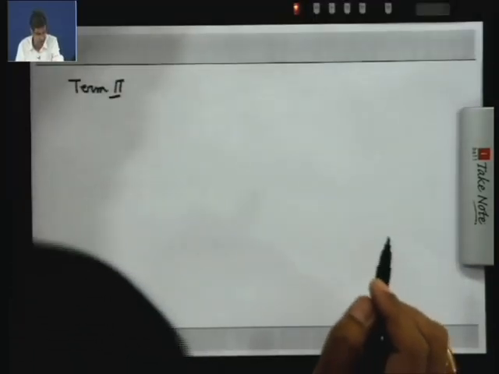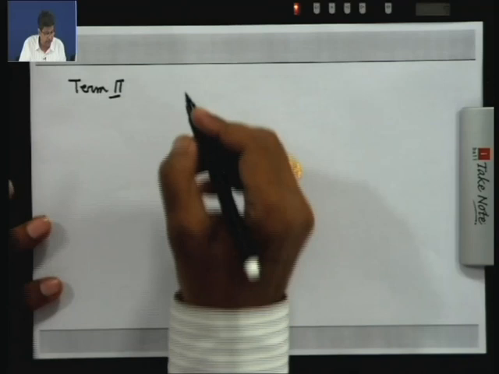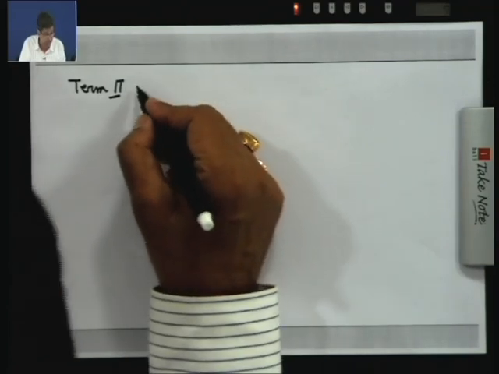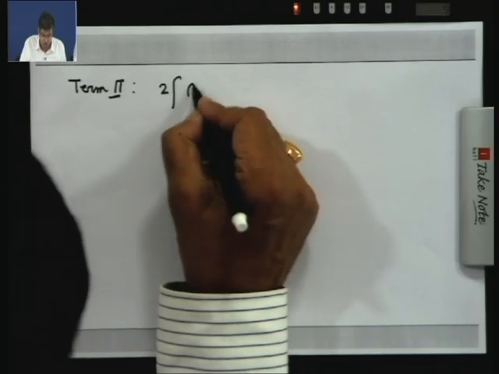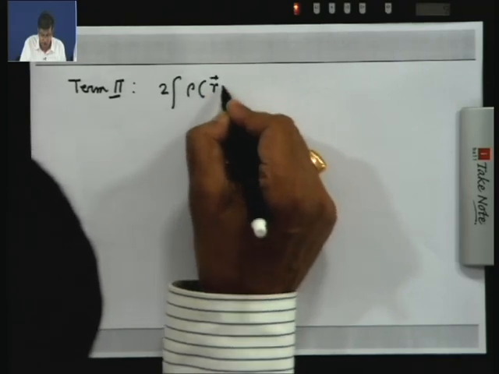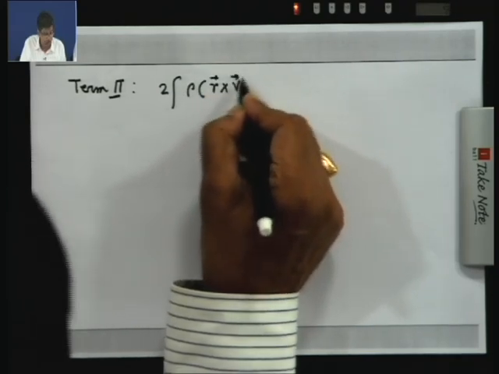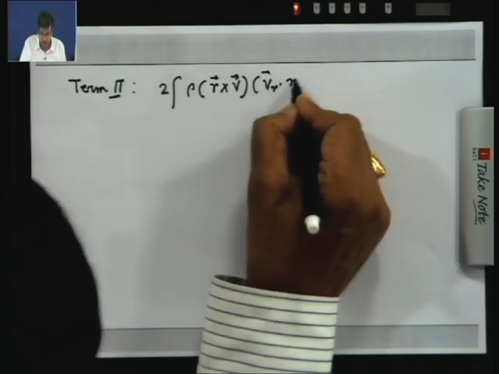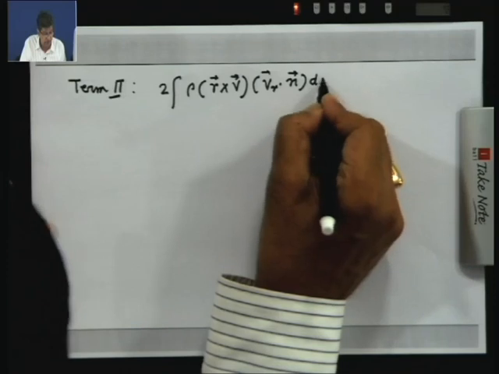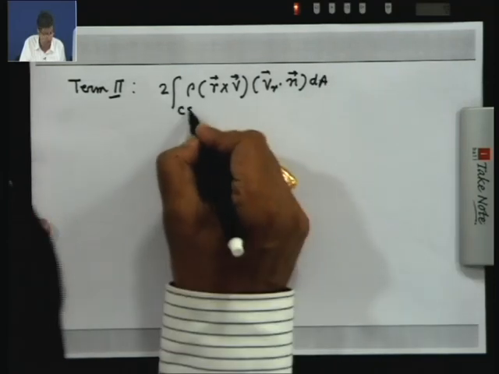So term 2 will be 2 ρ ∫ R × V (V_R · n) dA over the control surface.